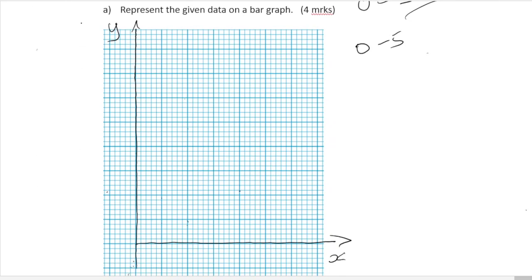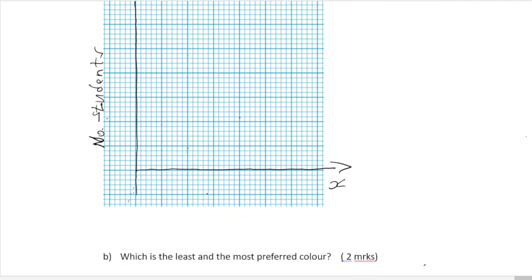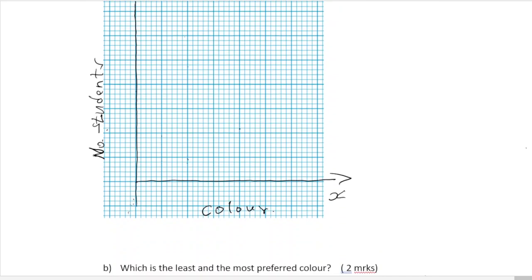If we label the axes, the number of students should be on this side, and the color should be on the x-axis. We start with color: we have red, green as our second color, blue, yellow, then orange as our last color.